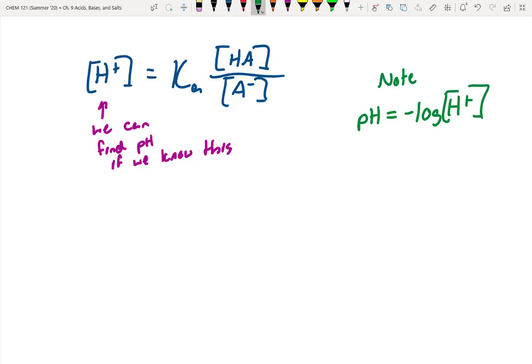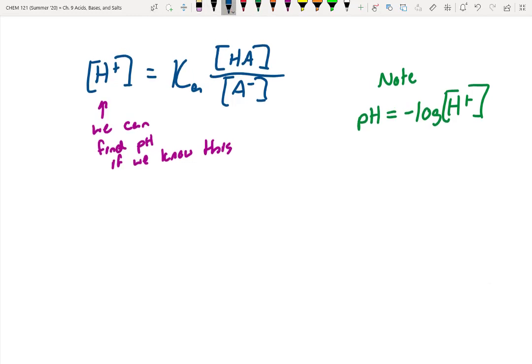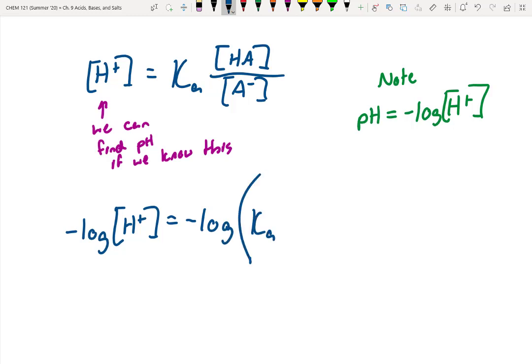All right, so how do we find pH? Well, we can say, let's take the negative log of each side. So I would go ahead and say negative log of H+ equals negative log, and I'm going to put this all in parentheses, of Ka times HA on top over A minus on bottom.